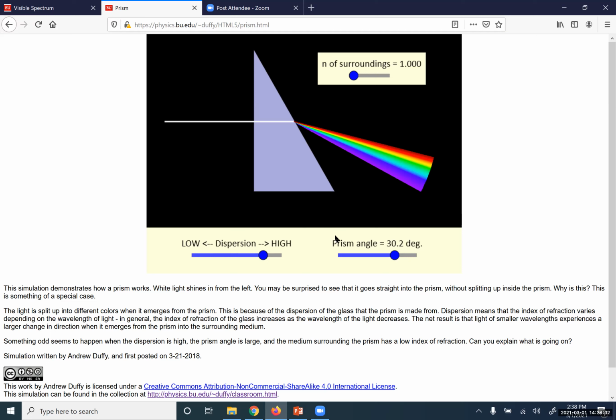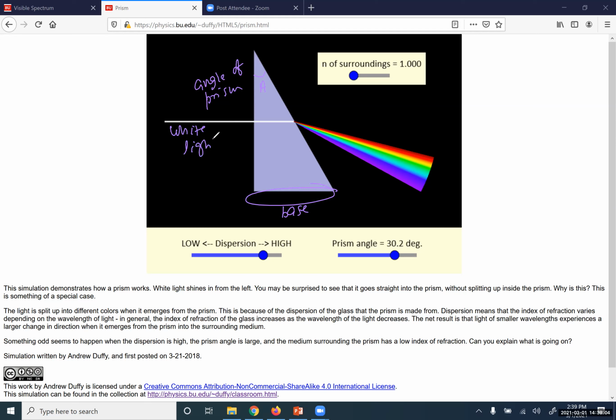Similarly, it also depends on the angle of the prism. This angle is the angle of the prism. We call it A. This side is called the base of the prism. This is the white light.